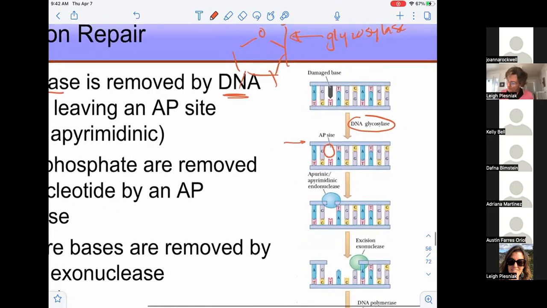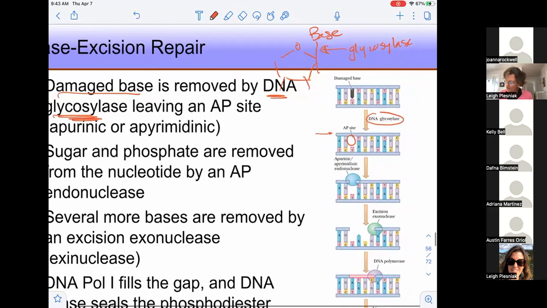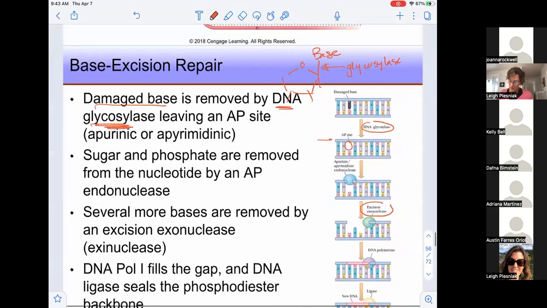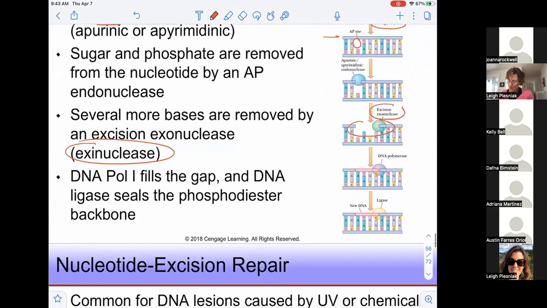Then an endonuclease, you get an excision, or called an exonuclease, takes out more nucleotides, and then DNA polymerase 1 comes in and refills.